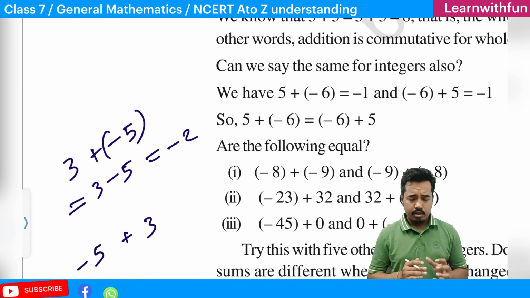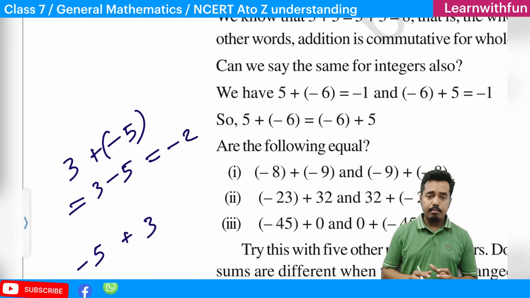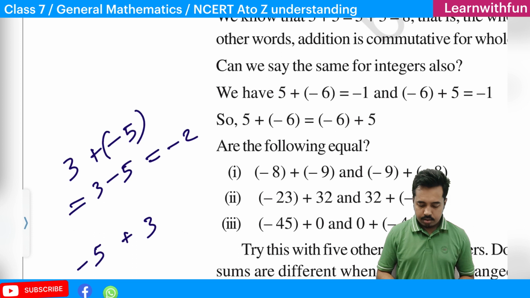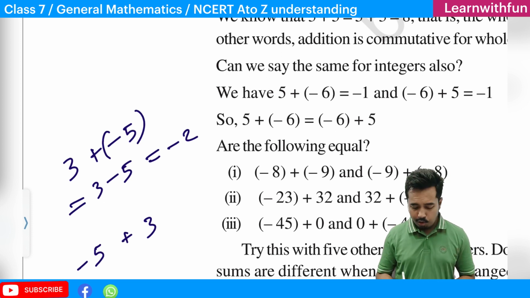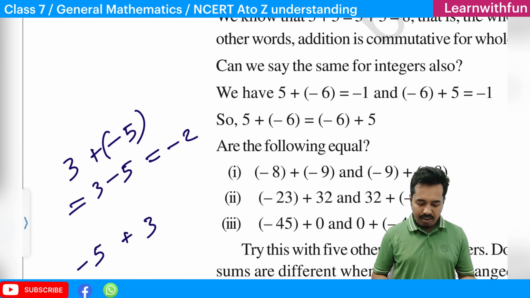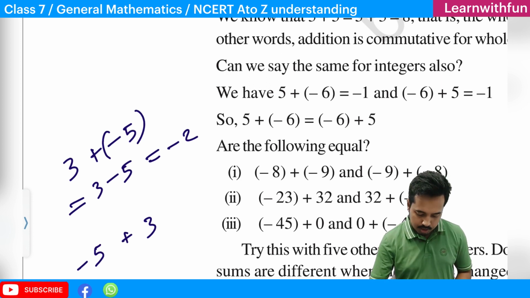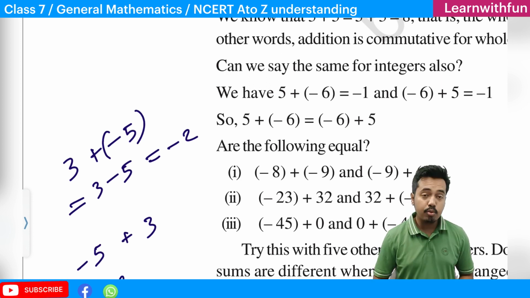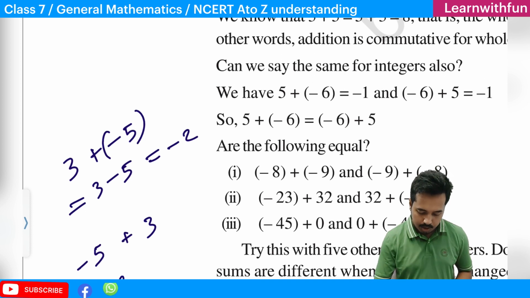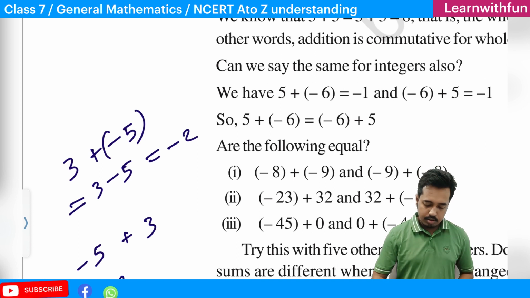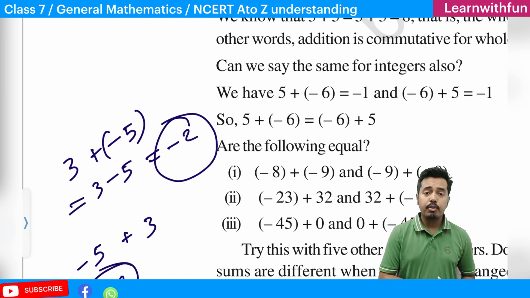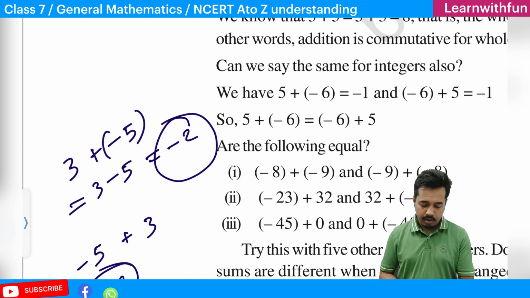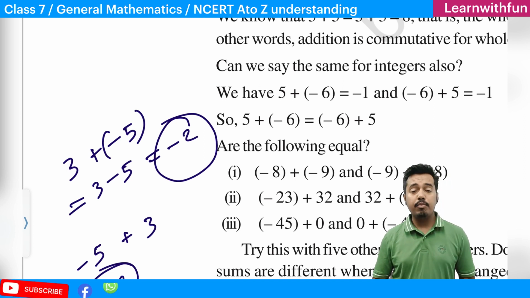In case of the -5 and +3, the signs before the numbers are different, so we will subtract the smaller number from the larger number, that is 5 minus 3, then you will get 2. But before 2 we will have to put the sign negative. So we have seen that we have got the same result, that is -2 in case of 3 plus -5 and -2 in case of -5 plus 3.